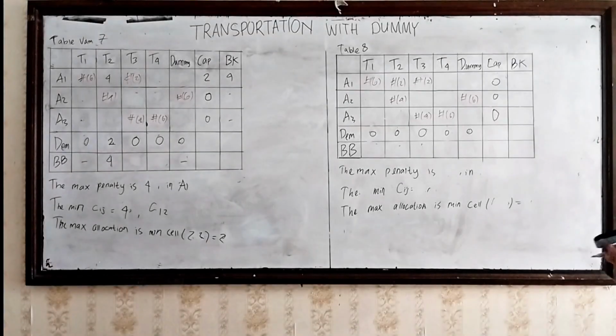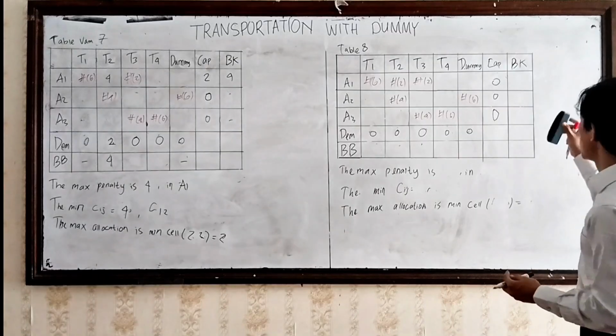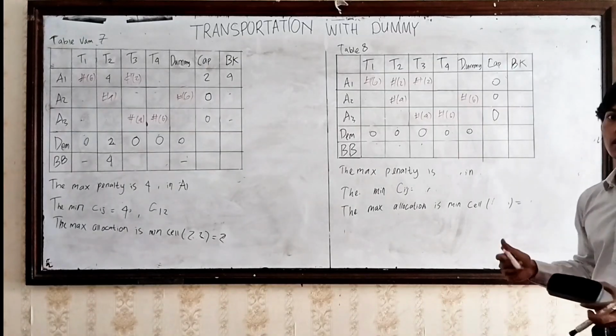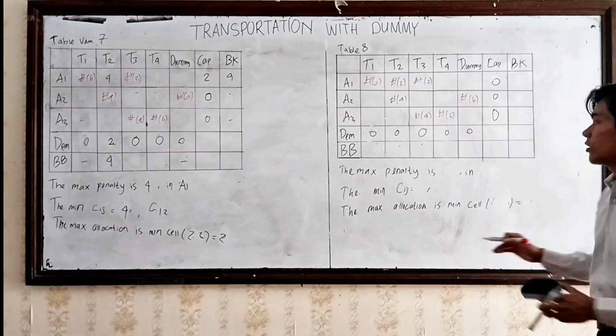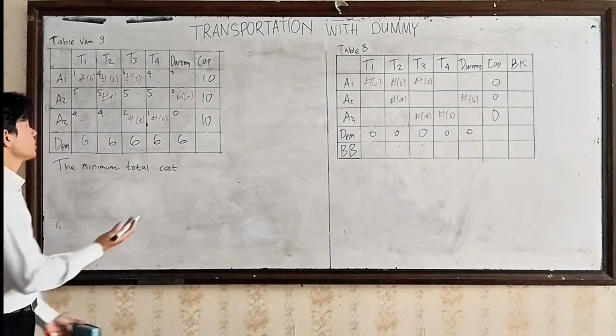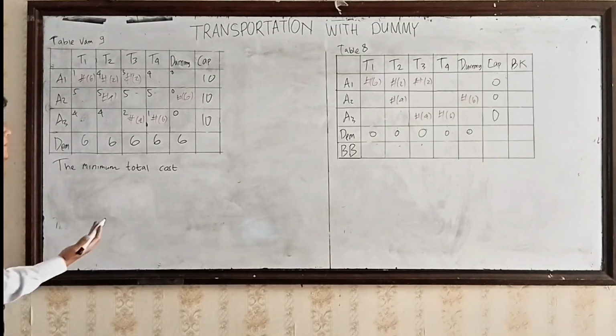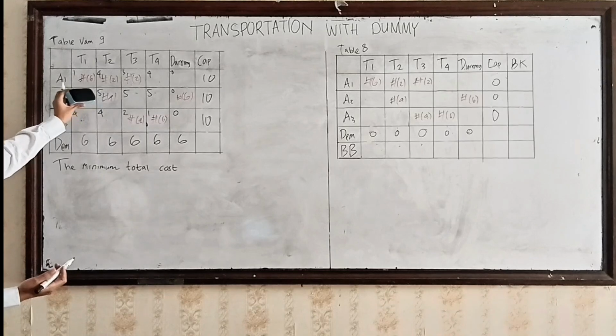Okay, this is the final result from the VAM method for the initial table, and we want to write the final table by displaying all the operations. So this is the final result for the initial program. This is the process and the cost.